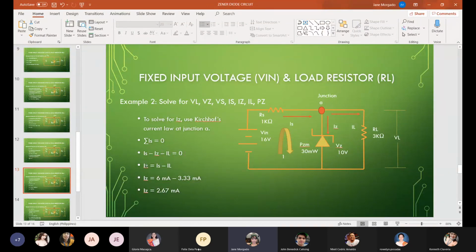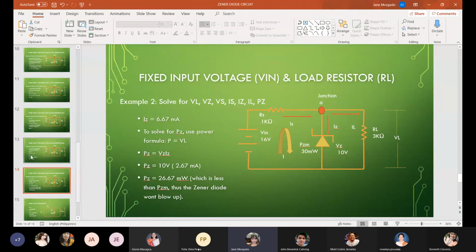Therefore, IZ is equal to IS minus IL. May value na tayo ni IS, so we have 6 milliampere minus 3.33 milliampere. So IZ is equal to 2.67 milliampere.